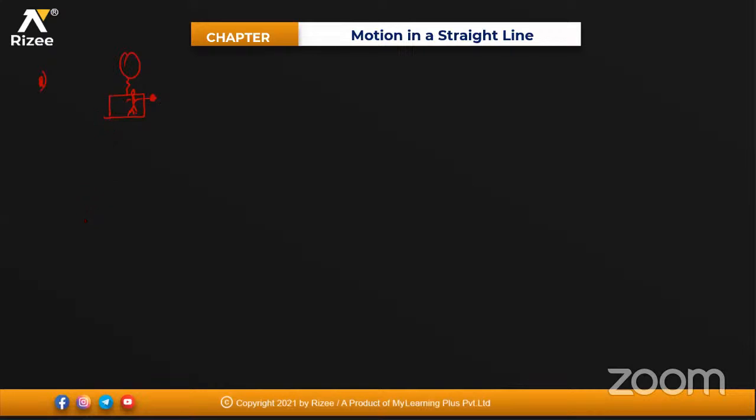This balloon is, say, at a height of some 1000 meters from the ground, and this balloon is moving up with a velocity of 10 meters per second. And he releases a stone. So this stone also goes in the upward direction, makes a U-turn and reaches the ground. My question is the time taken to reach the ground.